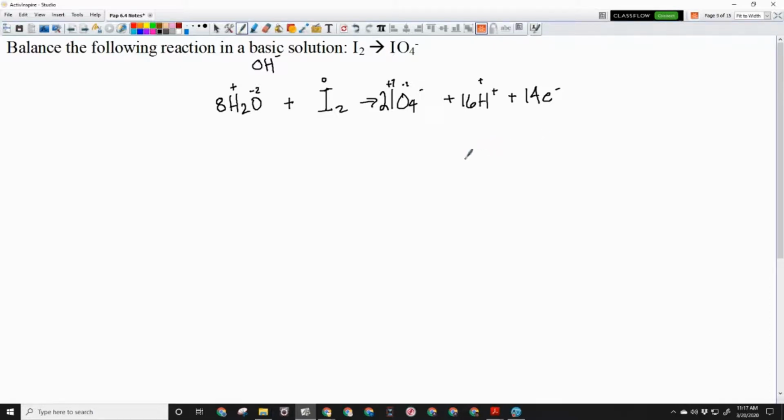All right, so remember, this is in a basic solution, so we want to neutralize all of these hydrogen ions here. We can't have any hydrogen ions in a basic solution. So what we're going to have to do is neutralize those by adding hydroxide ions. So we're going to have to add 16 hydroxide ions to this side, and if we add 16 hydroxide ions to this side, we're also going to have to add them to this side.